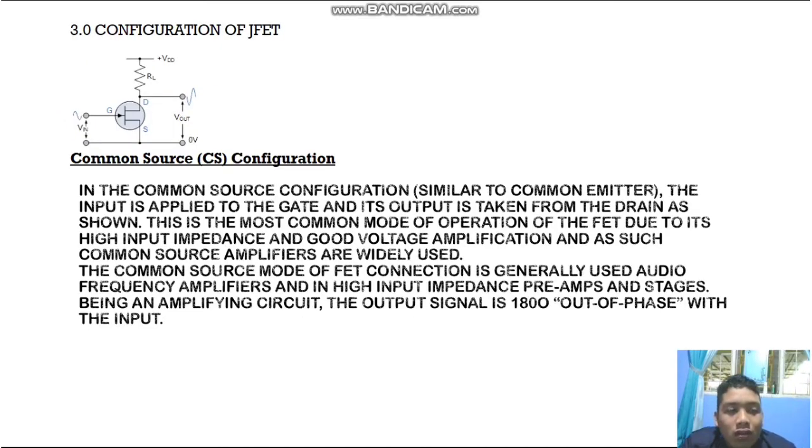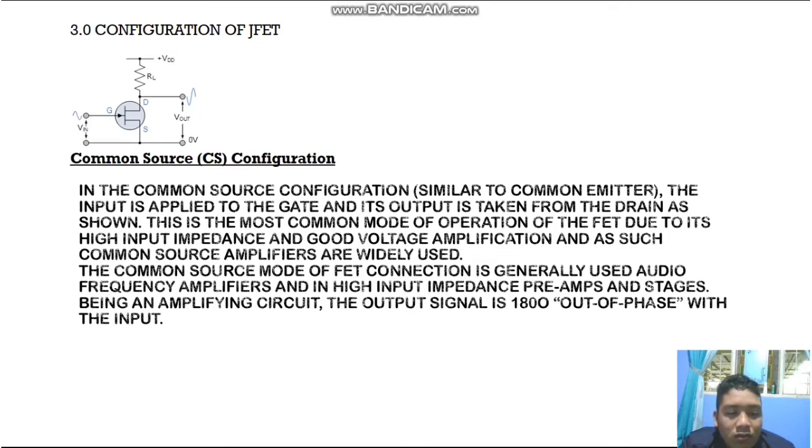So next is configuration of JFET. First configuration is common source configuration. In the common source configuration, similar to common emitter, the input is applied to the gate and its output is taken from the drain as shown. This is the most common mode of operation of the FET due to its high input impedance and good voltage amplification, and as such, common source amplifiers are widely used.